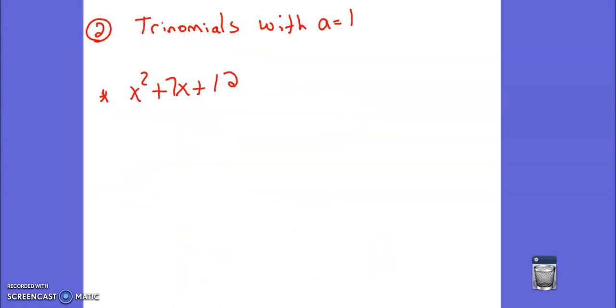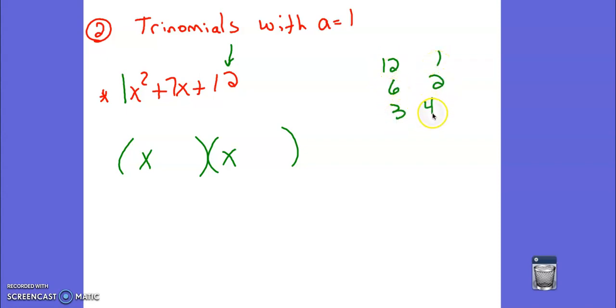The second type of factoring is with trinomials when A is 1. So this one, again, notice A is a 1, and so what you need to do on this is simply, this is going to be 1x, and then you look at the last term, and what times what is positive 12. And again, in your mind, you start thinking of 12 times 1, it could be 6 times 2, it could be 3 times 4.